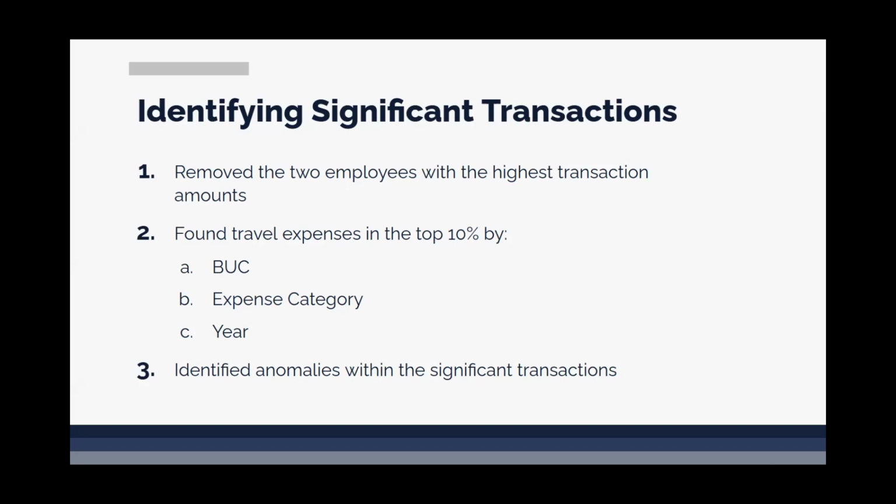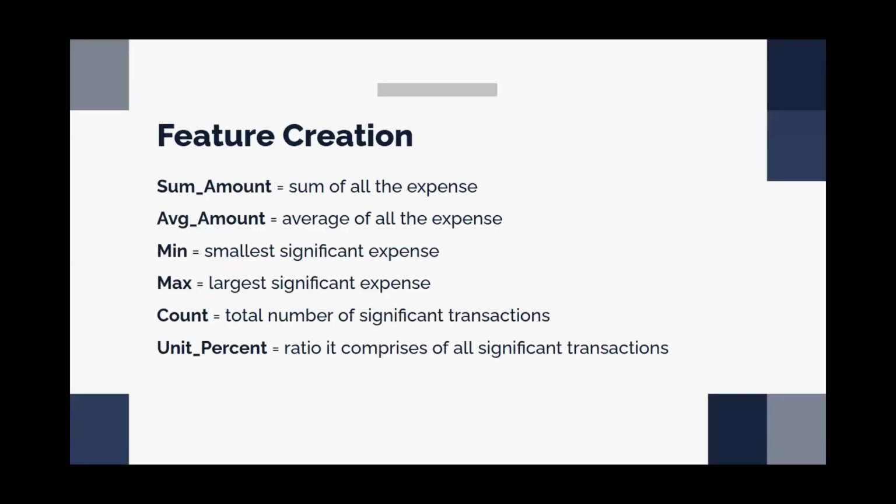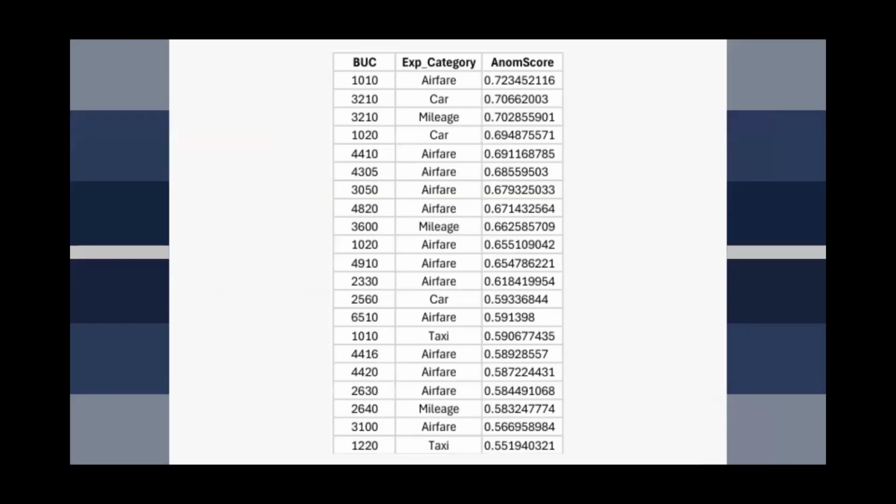Then, using features we created, we identified any anomalies within the significant transactions. These transactions with anomalies would be identified as those that need more observation and supervision. The features we used to identify the anomalies are these: the sum of amounts by business unit, year, and expense category, the average amount, the minimum amount, the maximum, the count of transactions, and unit percentages, which is the ratio that the significant amount comprises of all identified significant transactions.